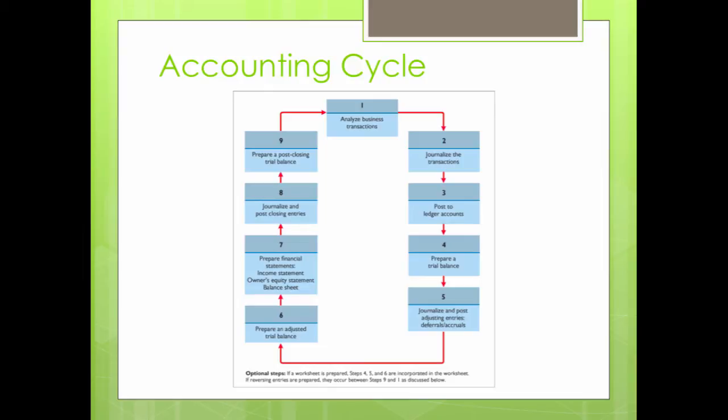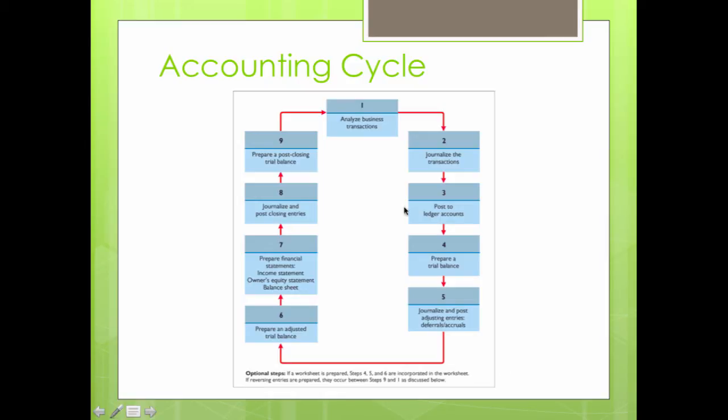So you learned how to post to ledger accounts, separating those transactions based on categories. So you had all the transactions for assets in one place, for example for cash and for equipment and supplies, and then you had it separated also by liability, so accounts payable, and then you also separated all the transactions that dealt with owner's drawings or owner's equity or revenue and expenses into each of those accounts.